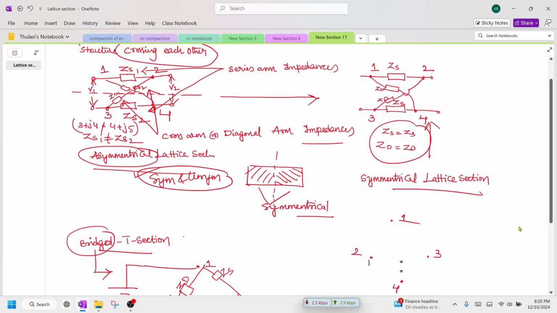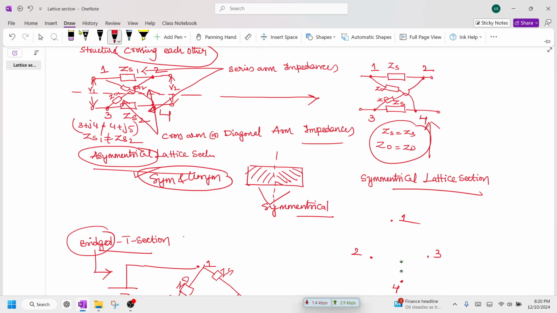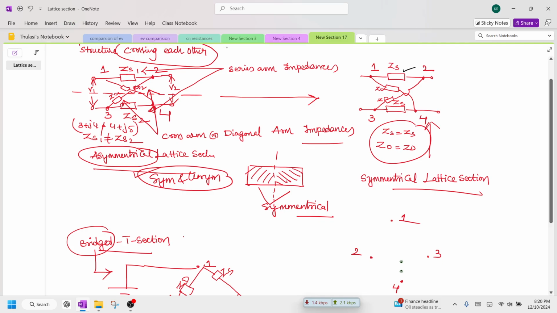Now between 1 and 2, what do we have? Between 1 and 2 we have ZS. Between 1 and 4 we have ZD.